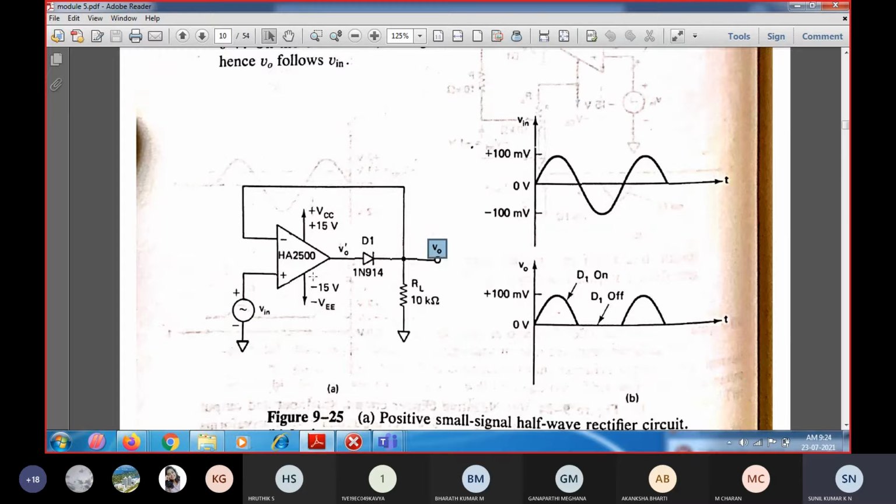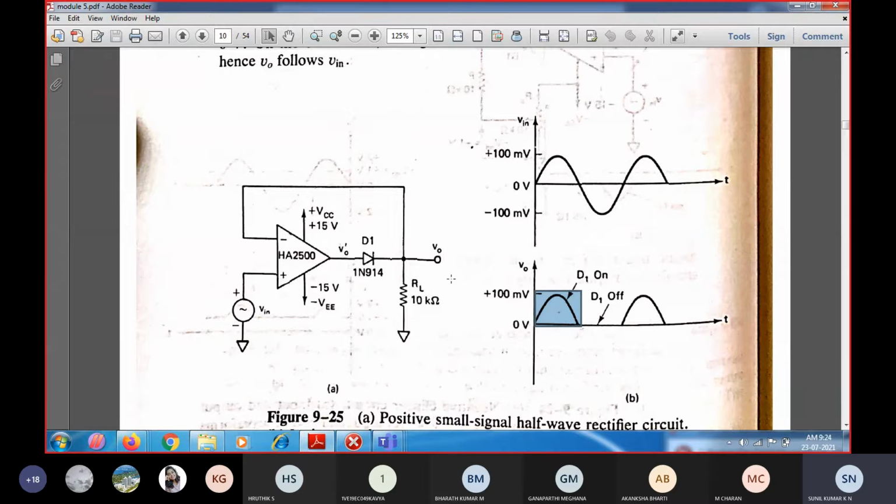So the output follows the non-inverting terminal voltage. As you increase during the positive cycle, the output also varies from 0 to 100 millivolts only, because of the voltage follower configuration.